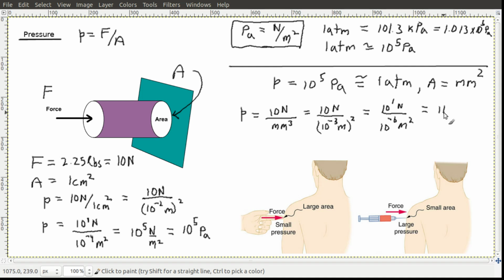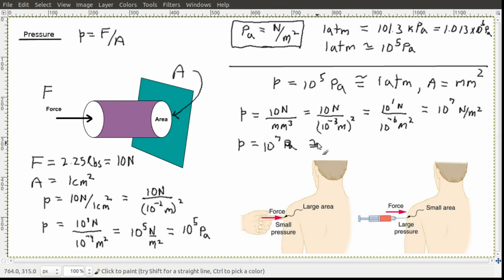That's 10 to the 7 newtons per meter squared. Or our pressure is 10 to the 7 pascals. That's got to be a capital P.